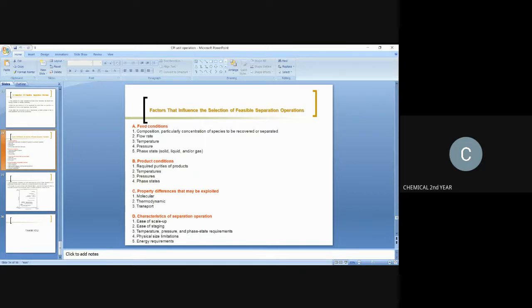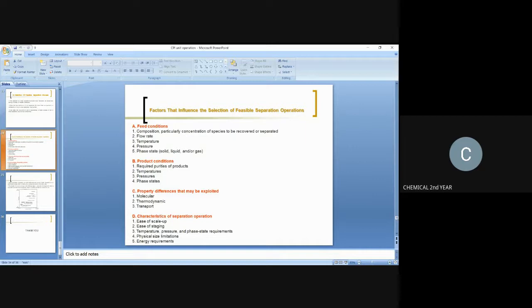Factors that influence the selection of a feasible separation operation are, first, feed condition: composition, particularly the concentration of the species to be removed or separated; second, flow rate; third, temperature; fourth, pressure; and fifth, phase state. Next, product condition: required purities of products, temperature, pressure, and phase states.